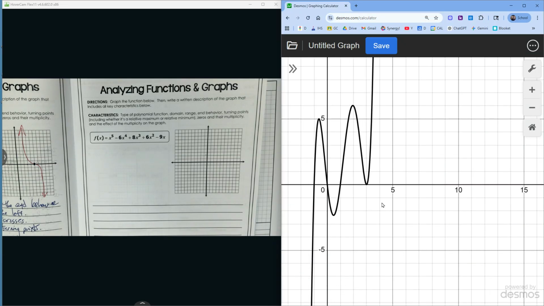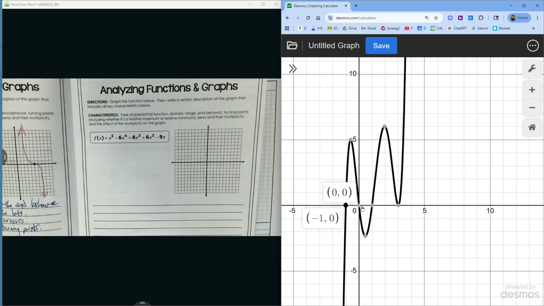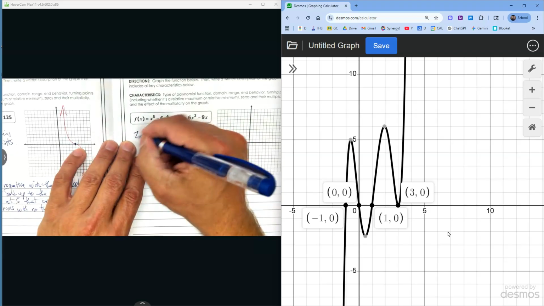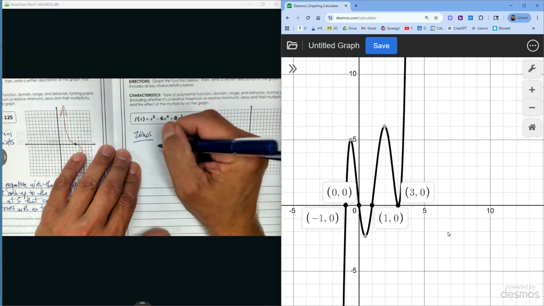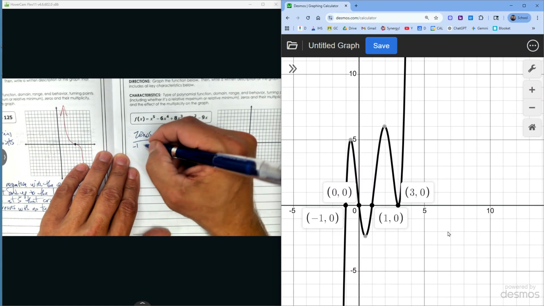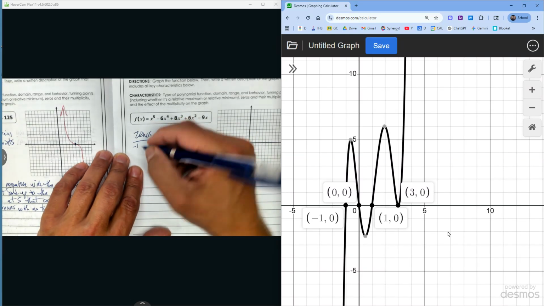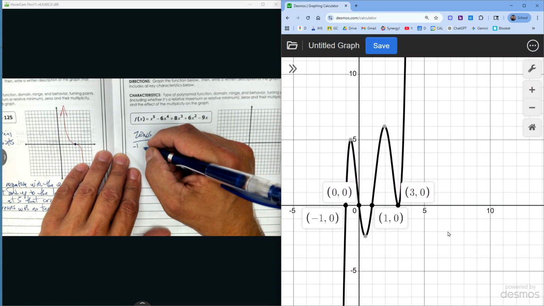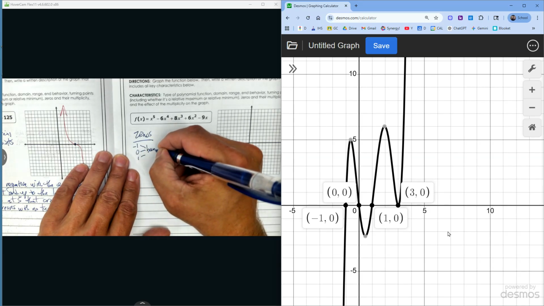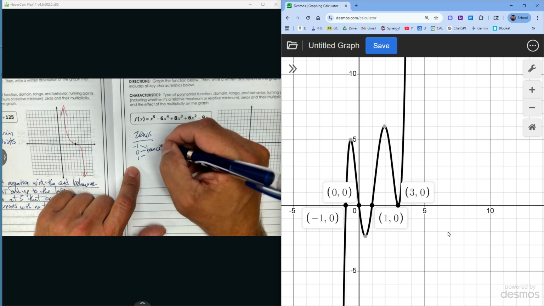Okay, and then I'm going to look at it. So these are the zeros. So I'm going to write those down too. There's 4 zeros. So negative 1, 0, and positive 1, they all cross.